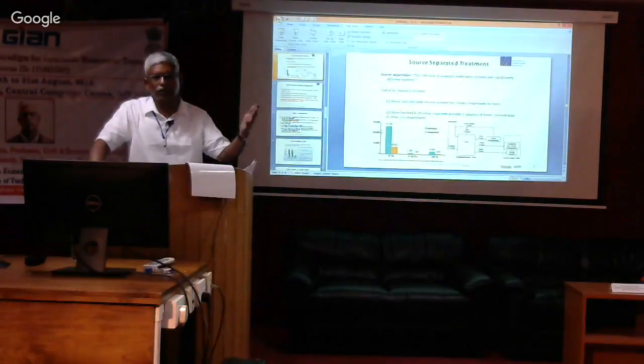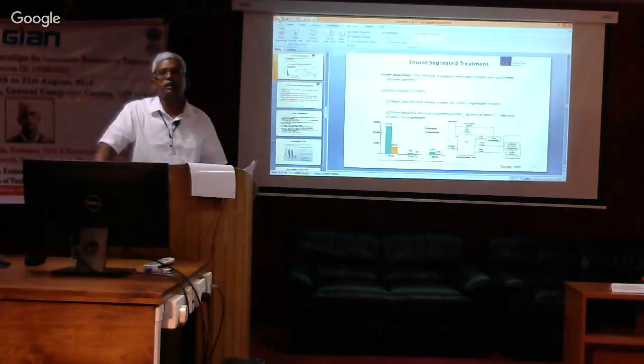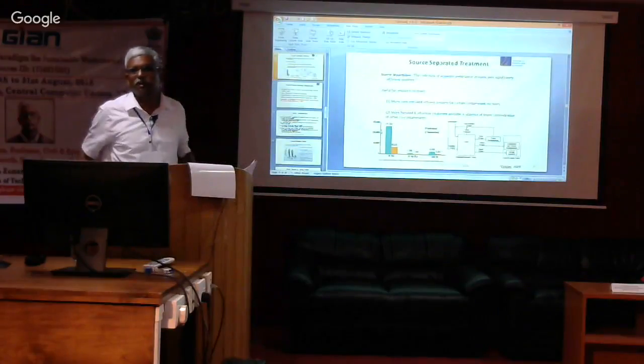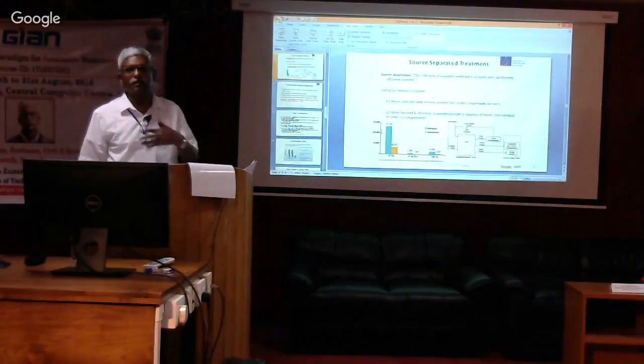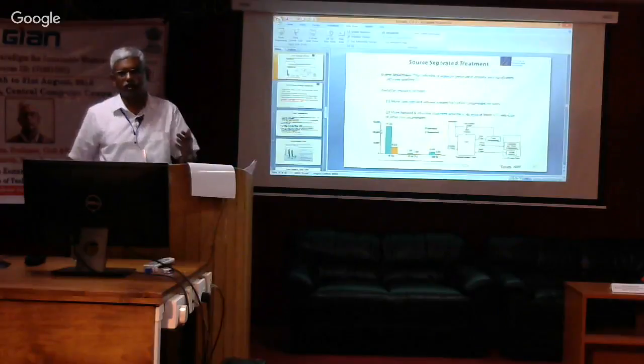I don't know what the cost is in India, but if it costs you 1 rupee per liter, I'm just saying, that's what you have to charge. Because if you make it free, then ultimately you are paying, but indirectly.